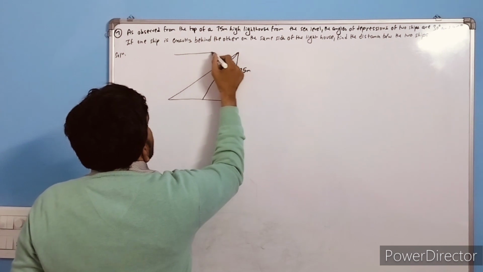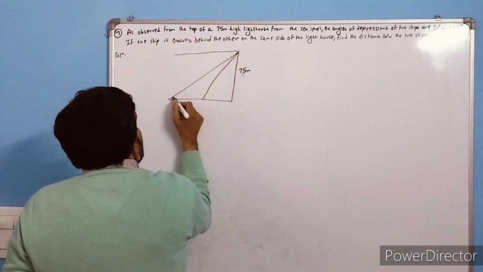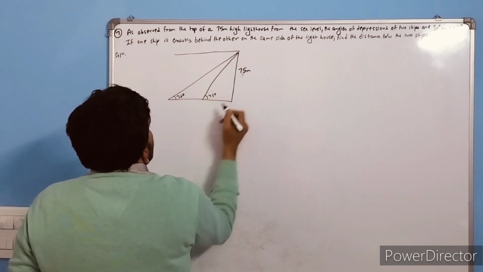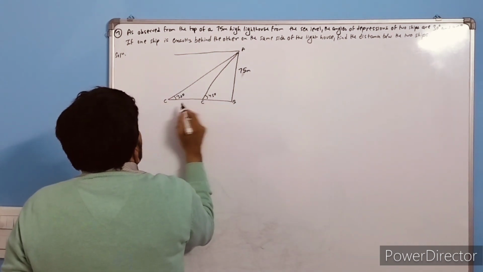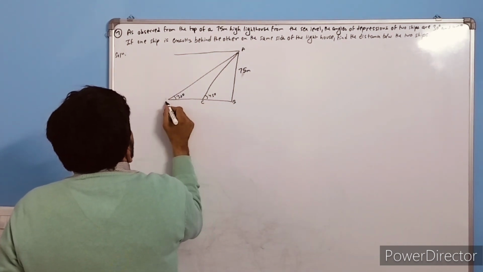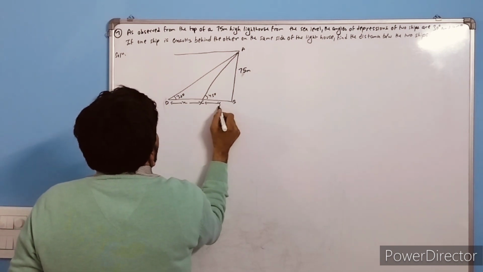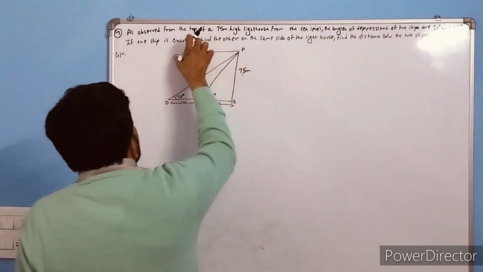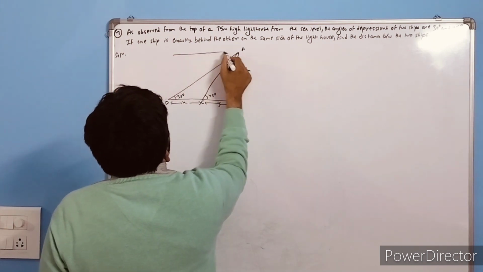Now it's angle of depression. Now this is 30 degrees and this is 45 degrees. See here, consider this. Okay, let's take this x and let's take this y. Now we are making an angle of depression.